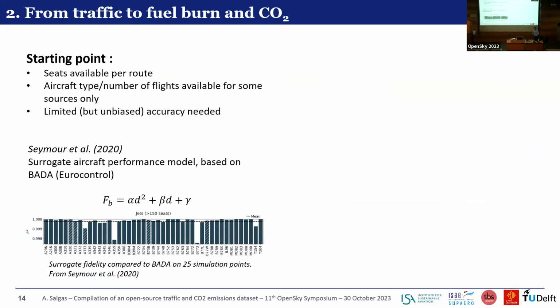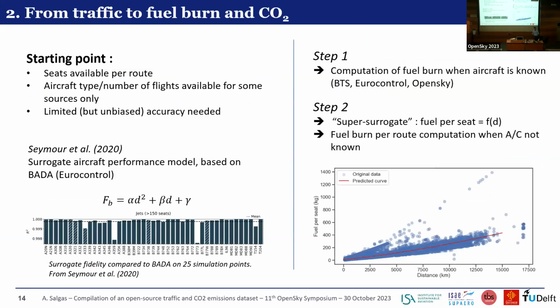And it just requires knowing the distance of each flight, which is something I know, and the aircraft type, which is something I know in some of the datasets. So there are two options. If I know the aircraft type, I'm using directly the Seymour surrogate. And if I don't know the aircraft type, I'm just doing a simple regression on the previous flights that were included in the Seymour dataset, to estimate the fuel burn according to the flight distance.